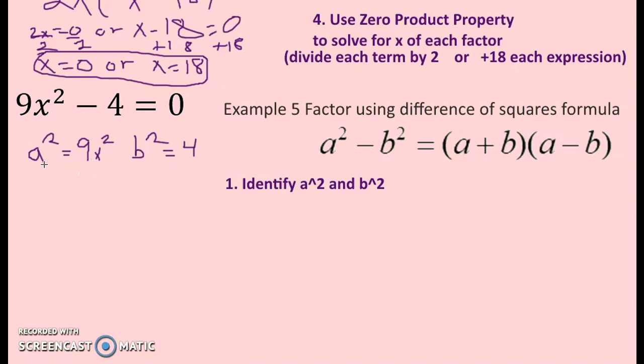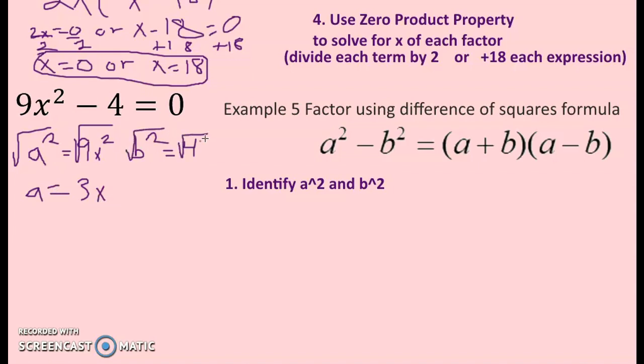we want to find a and b. To get rid of the square, we're going to take the square root of each side, each expression. The square root of a squared is a. The square root of 9 is 3. The square root of x squared is x. So a equals 3x. And then let's find b.